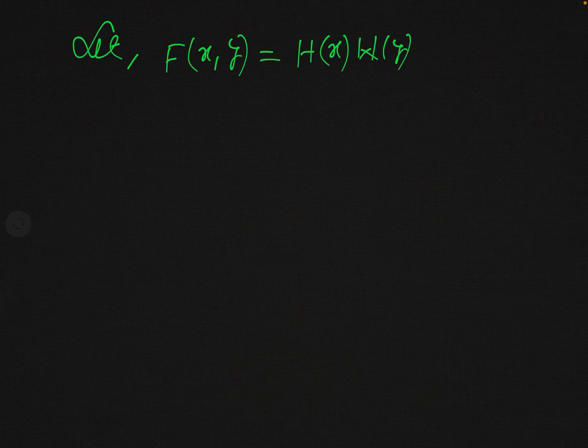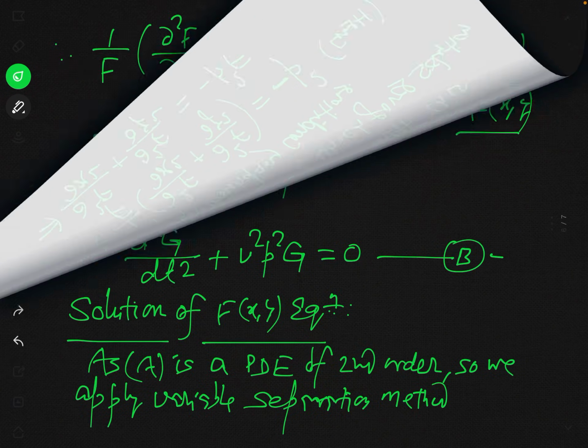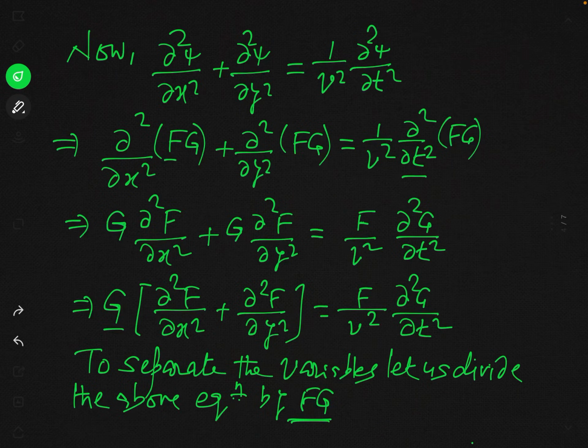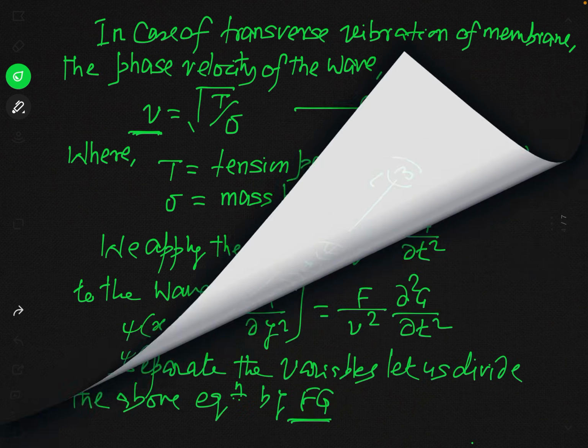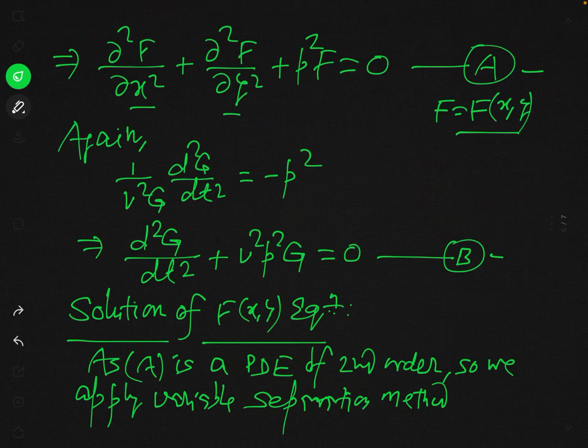So let f of xy be equal to, as I have written earlier, h of x into w of y. Actually I have mentioned this product earlier. You can see in the beginning I have considered it. This is h of x times w of y equal to f of xy.